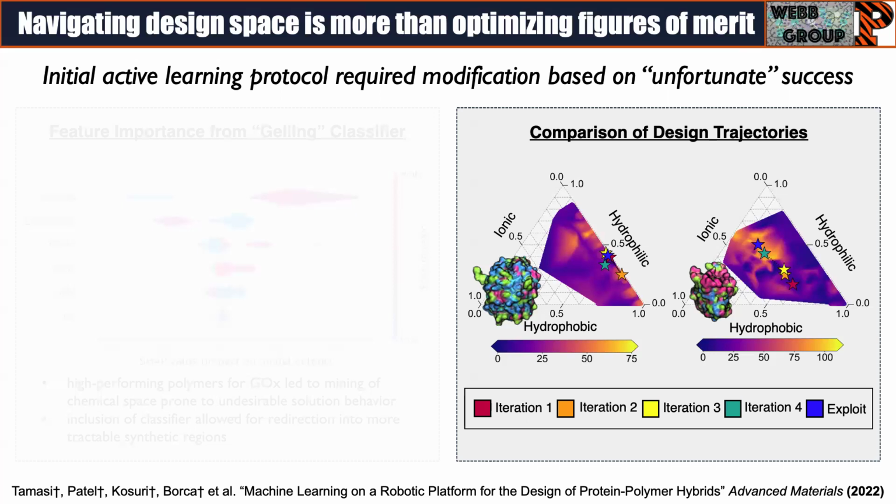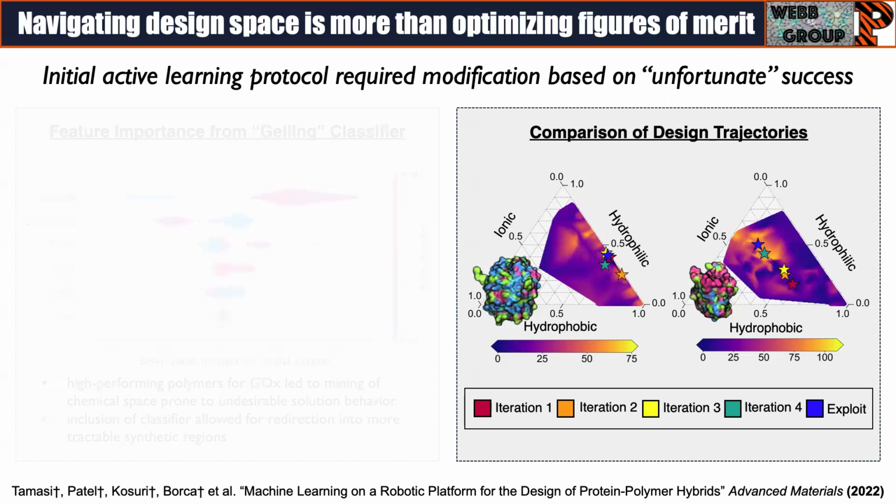So the reason it reversed course is because when it moved in this direction, which is incorporating more and more hydrophobic materials, what happened is Gorman Lab came to us and said, hey, everything is gelling or everything is aggregating, and we don't want to work with that kind of stuff.